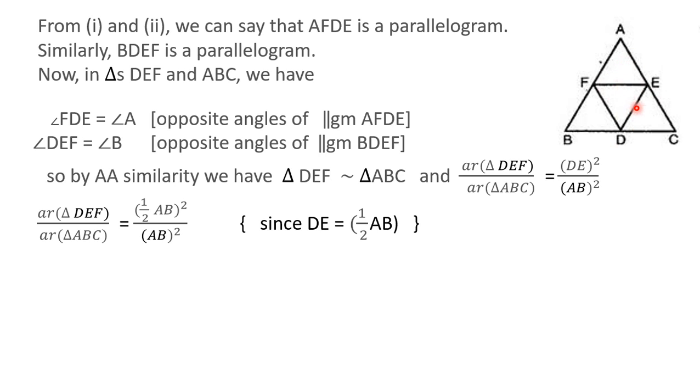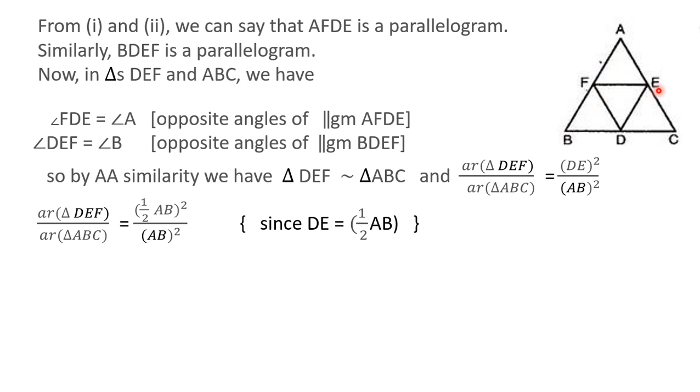That means DE is equal to AF and F is the midpoint of the side AB. So we have AF is half of AB. That is, twice of AF is equal to AB. Also we can write, as these two parts AF and BF are equal, AB consists of side AF plus FB.